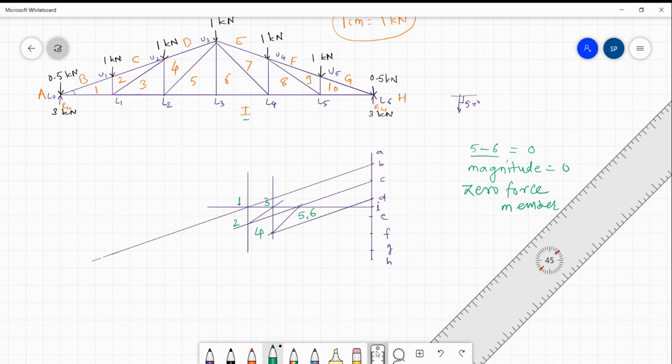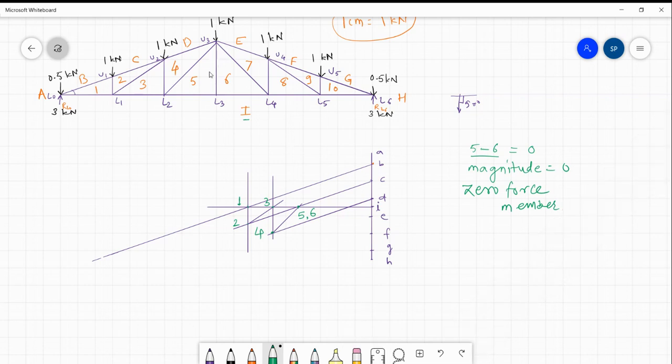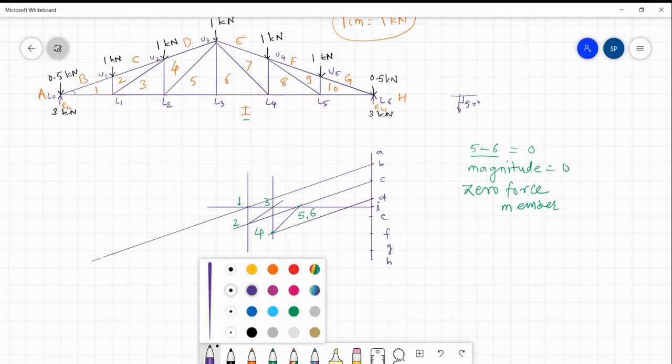So you can analytically check that. Now if you apply summation Fy equal to 0 to this member force L3 U3 at joint L3, I will just draw a joint FBD here for you.